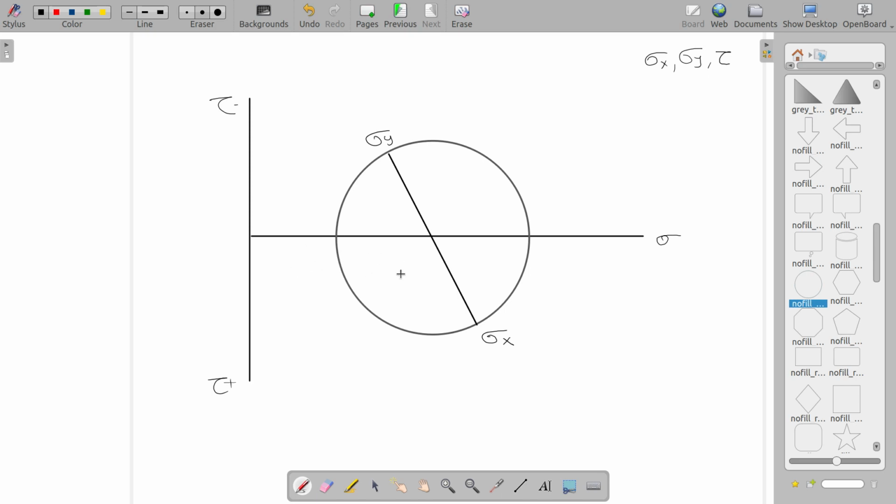But if you are only being asked to find out the principal stresses, what you can do is you can calculate this length. This total length will be equal to sigma 1, which is maximum value of normal stress, and this length will be equal to minimum value of normal stress.